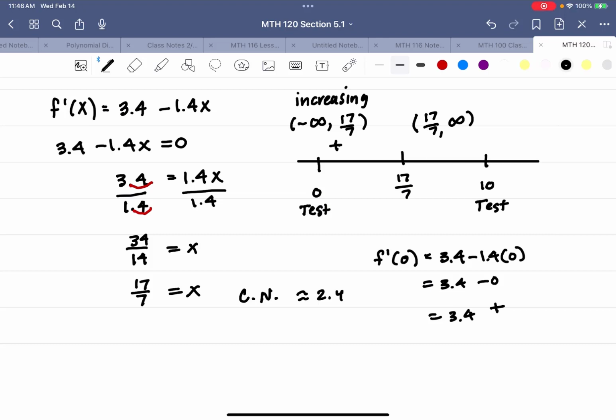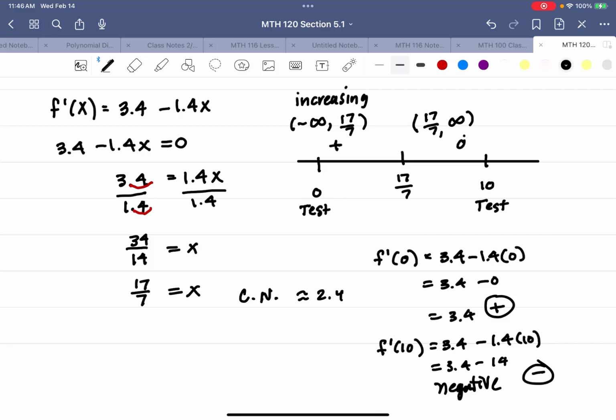Now, I can't just assume it's decreasing on the other side. Sometimes it goes increasing, increasing. So we have to check. Our other test point, f prime of 10, is going to be 3.4 minus 1.4 times 10. That's 3.4 minus 14. Doesn't matter what the actual number is. This is negative. So it's going to be decreasing.